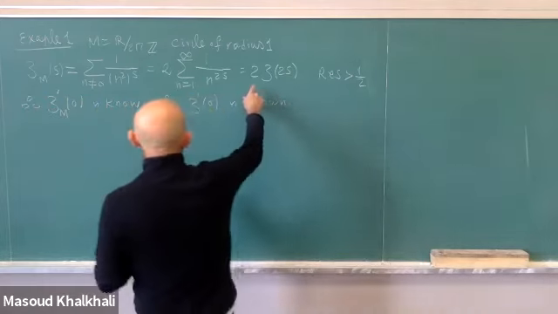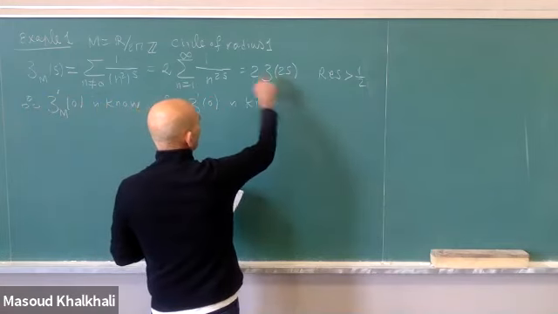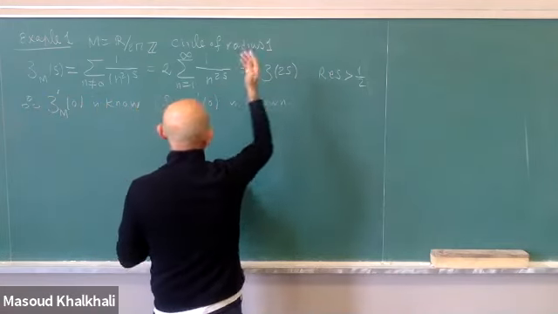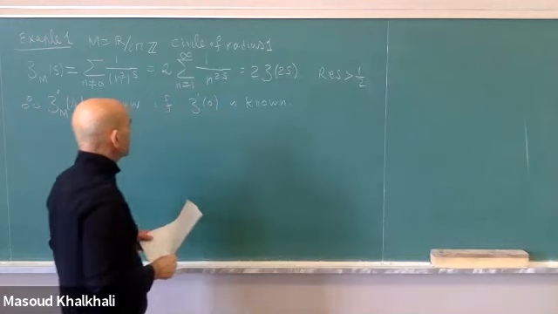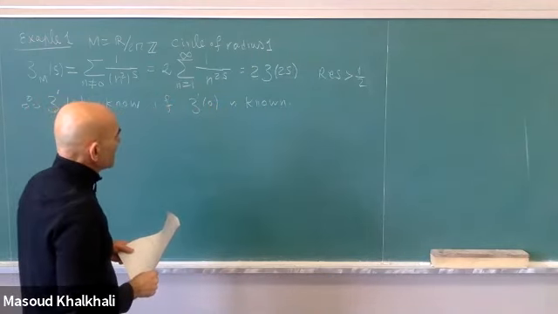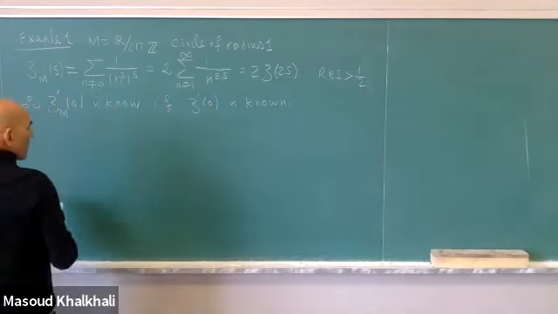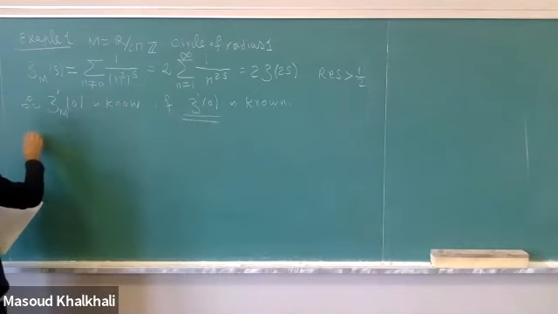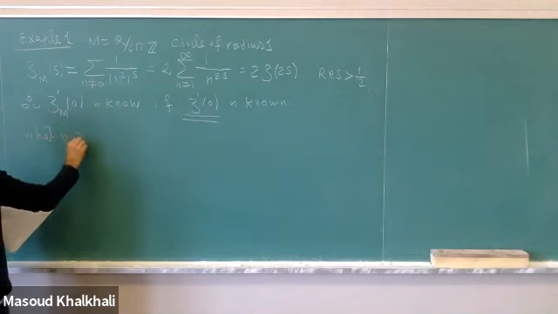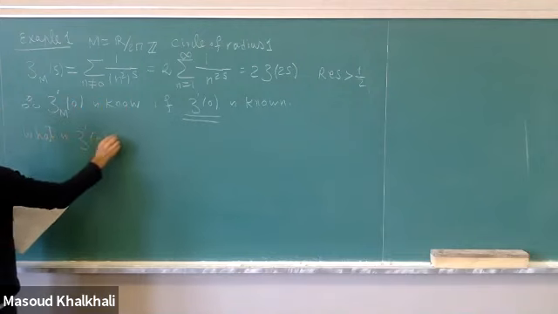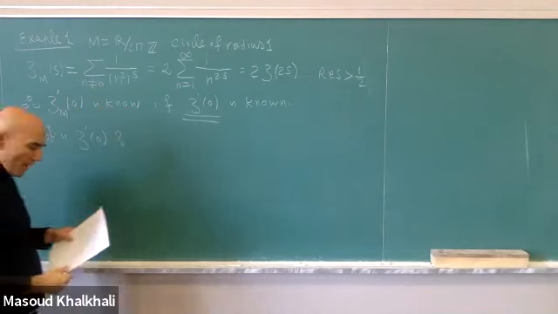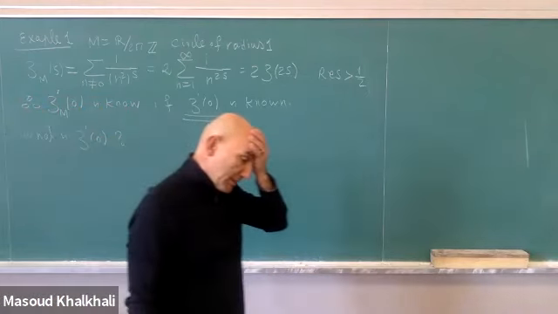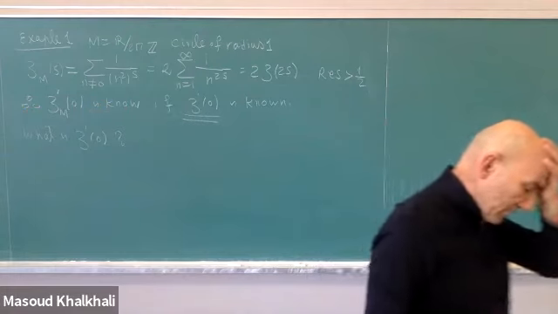You can just differentiate this easily, and then there's a 2, so 4 times this one. So that's easy. But how to calculate this? So the question is, what is this number?